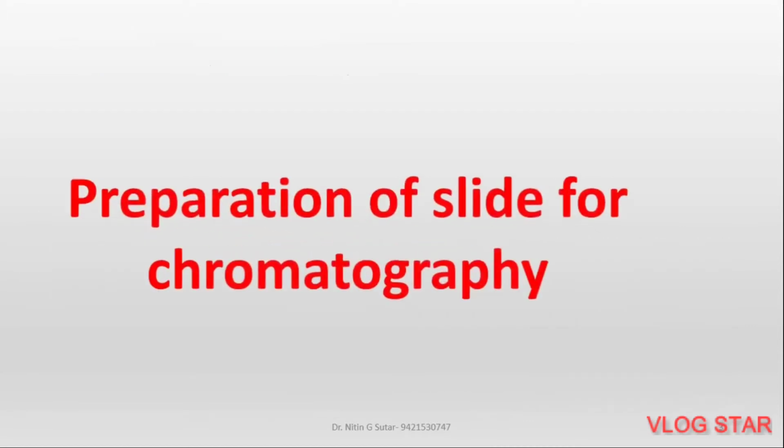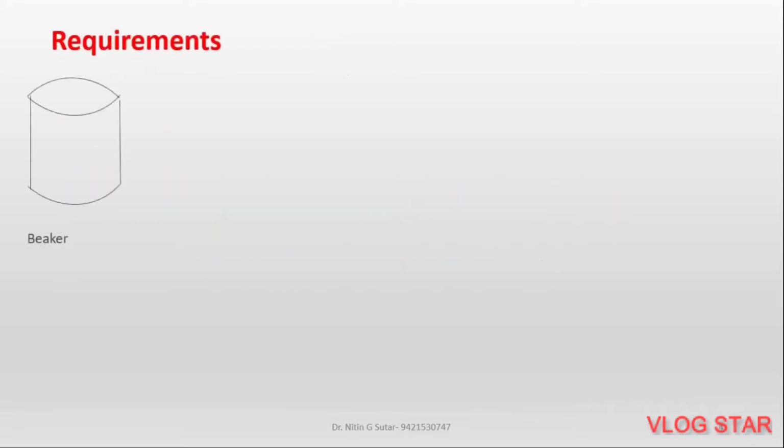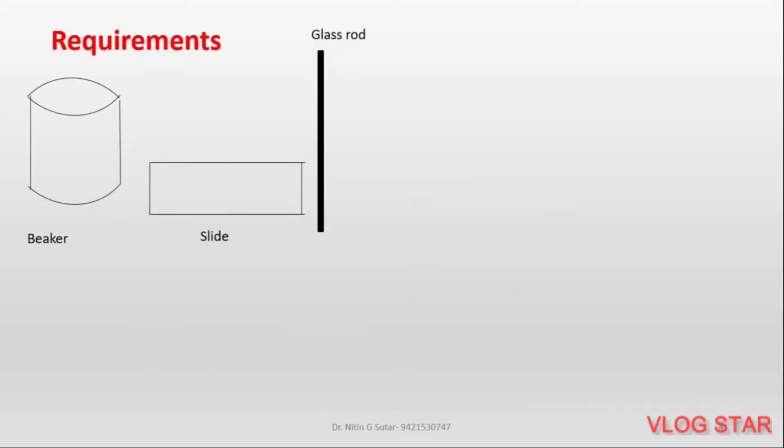First is the preparation of a slide for chromatography. For each and every experiment, some instruments or materials are required, which we have to gather. For this experiment we require one beaker, then a slide, which is your microscopical examination slide, also present in your dissection box. Then a glass rod, then silica gel G for TLC.